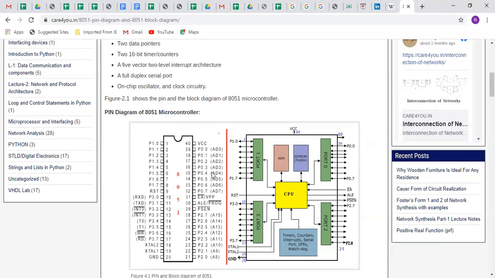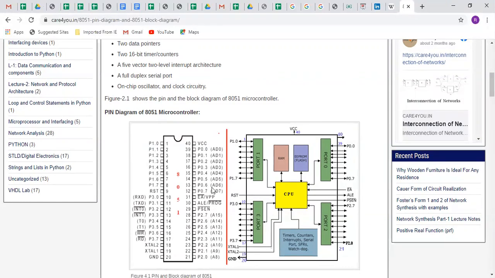Of these 4 ports, port 1 is used only for IO purposes, whereas port 0, port 2 and port 3, in addition to being IO ports, also have additional functions.